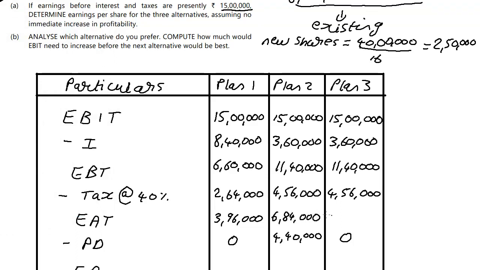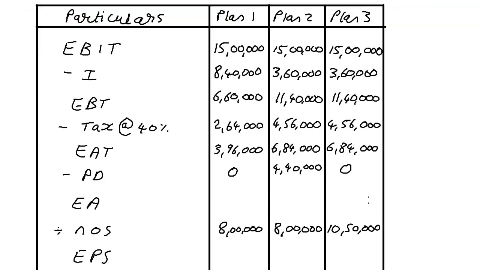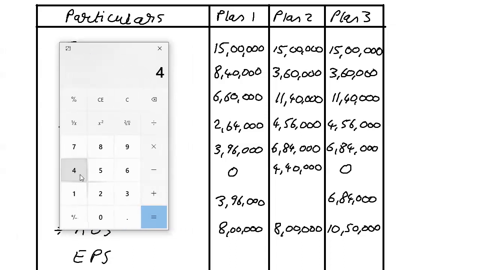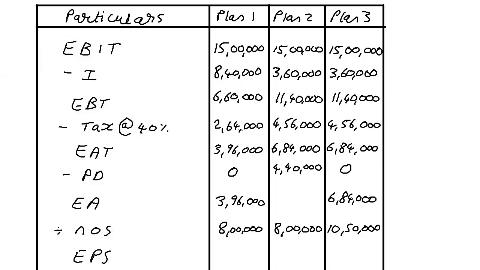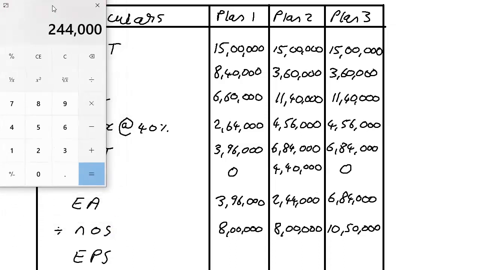Now the next step is easy for two of them. We get 3,96,000 here, we get 6,84,000 here, and 6,84,000 minus 4,40,000 gives us 2,44,000 over here.